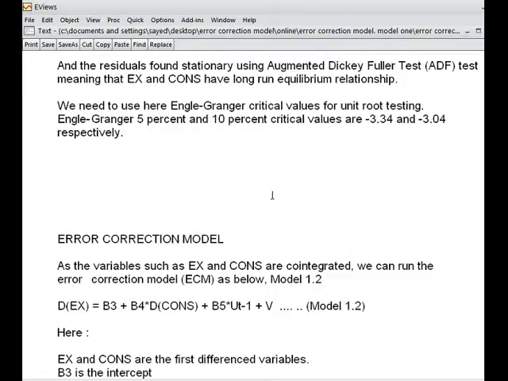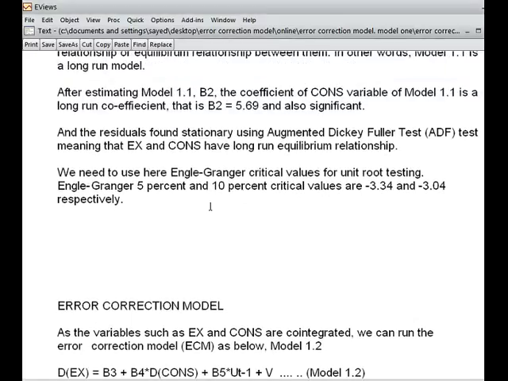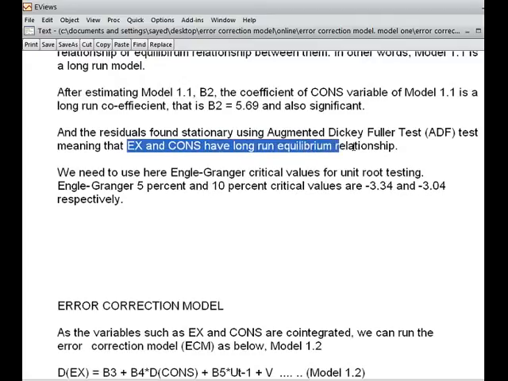Okay, so what we have seen, actually we have seen our two variables such as ex and cons have a long run equilibrium relationship, or our two variables are co-integrated, that we have seen.